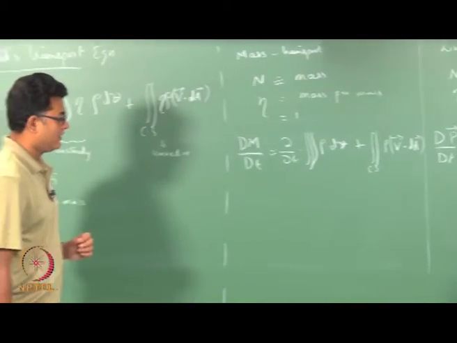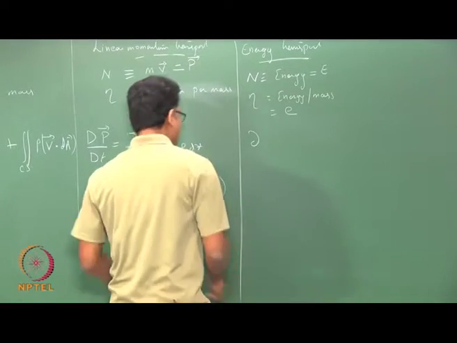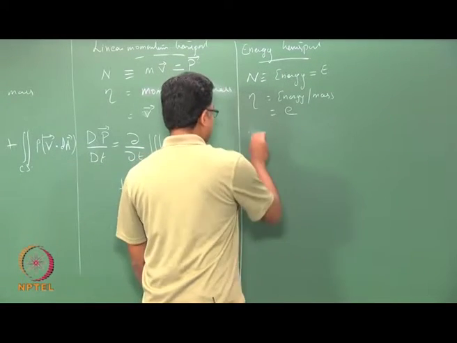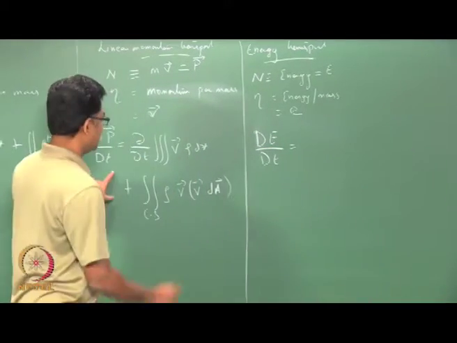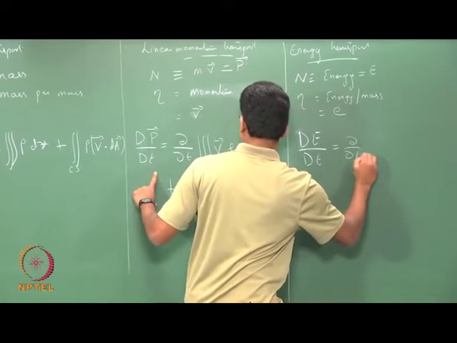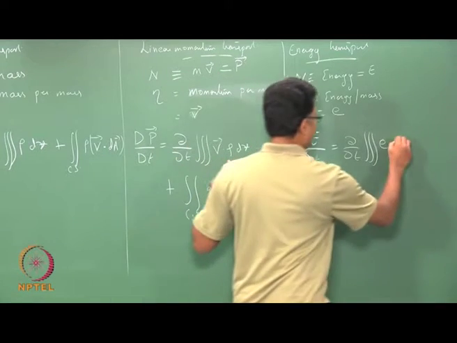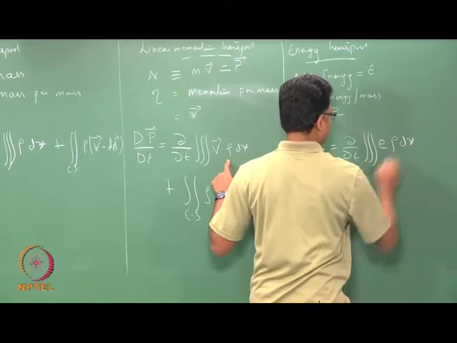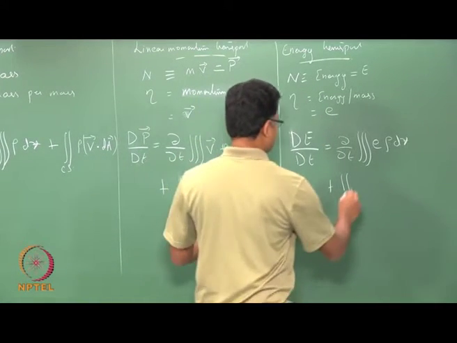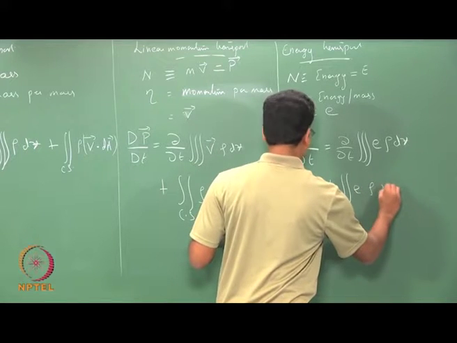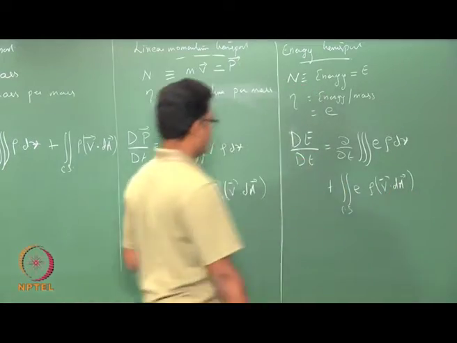When it comes to energy, the material derivative of energy or the energy transport is given as dou by dou t of the triple integral small e rho dV plus the surface integral e rho V vector dot dA.